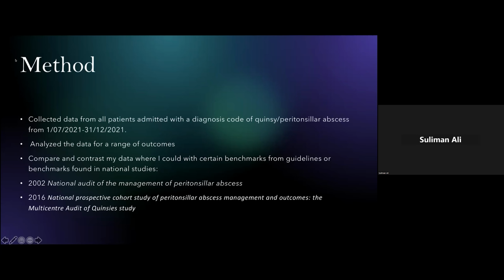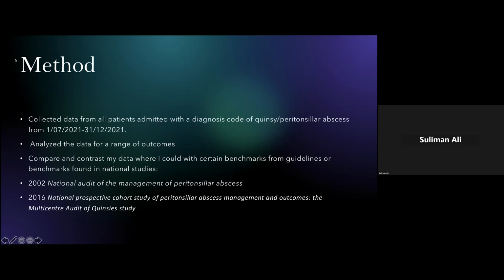These outcomes are mainly used to set benchmark standards, and the same outcomes were looked at in national audits and guidelines. I used outcomes from 2 national audits. One was done quite a while back, which asked 200 consultants about their practice of managing peritonsillar abscesses.